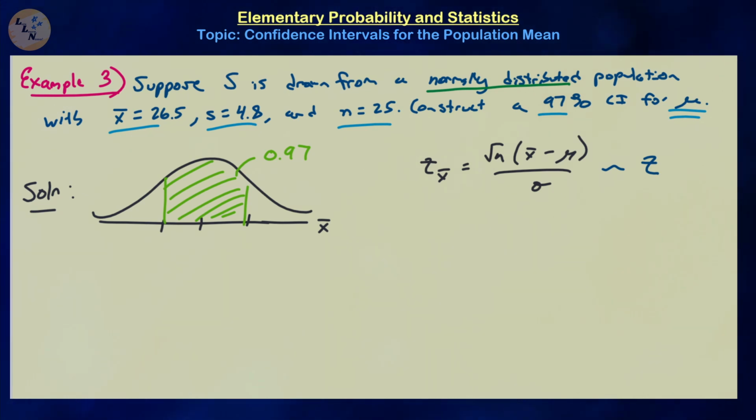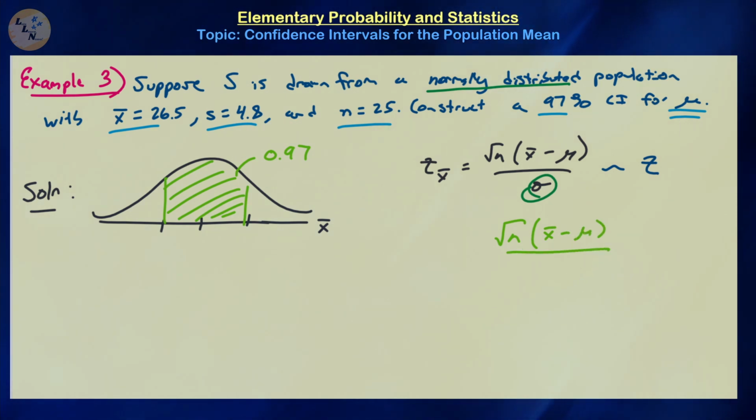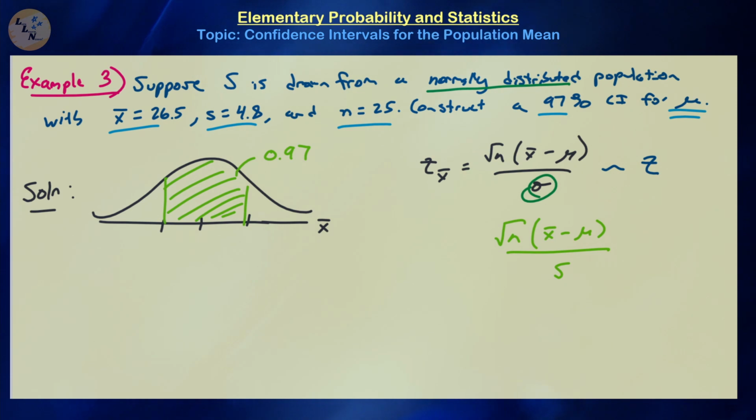So remember, if we don't have sigma, the best thing that we can do is use s, the standard deviation of the sample, as an approximation. That means we have to switch this score into this world. So this is again a random variable, s, because we technically don't know what the sample standard deviation is going to be until we actually grab our sample.